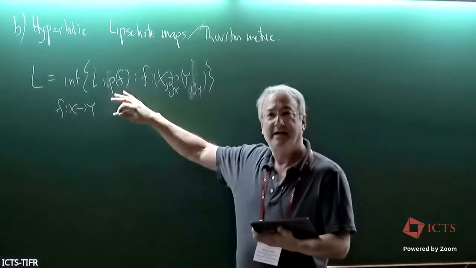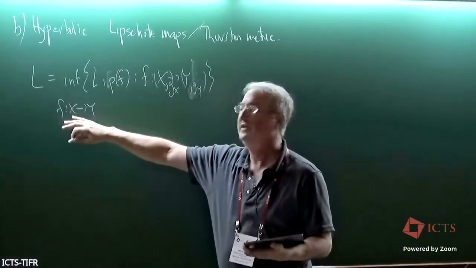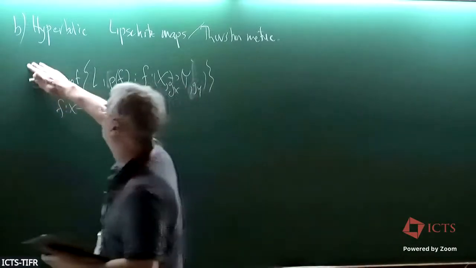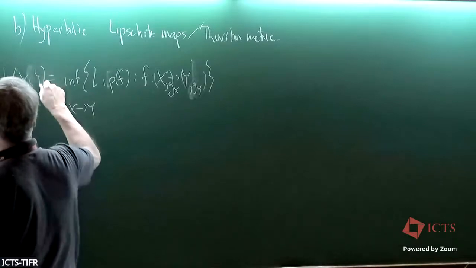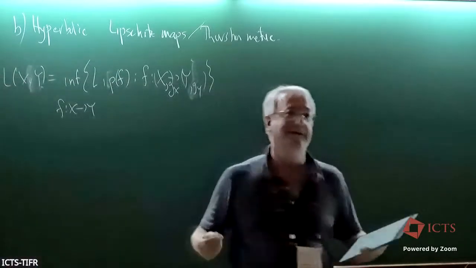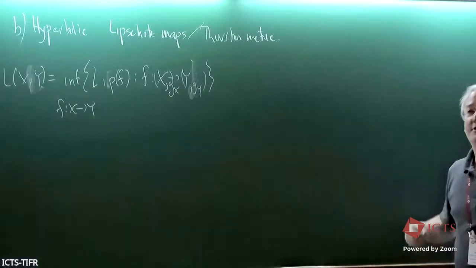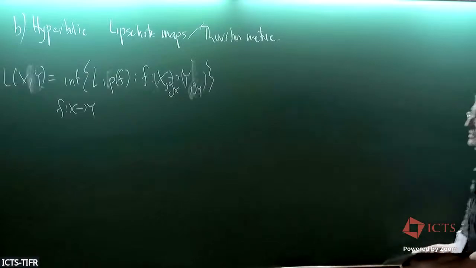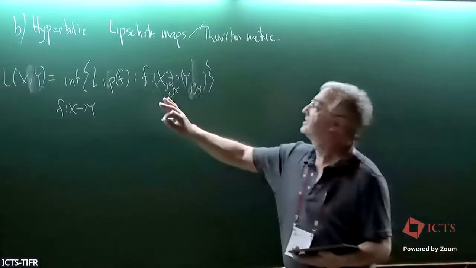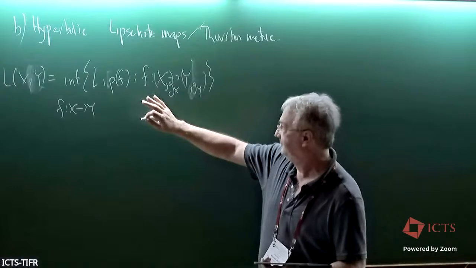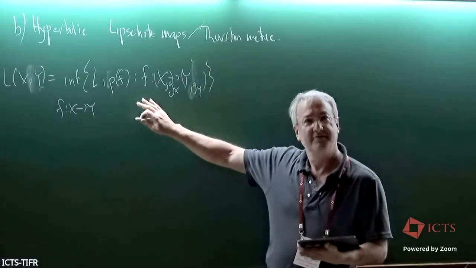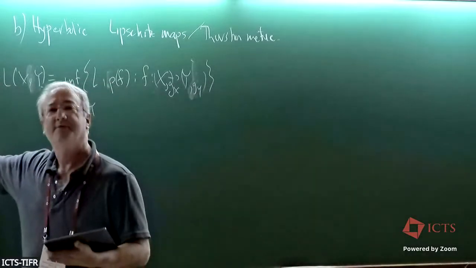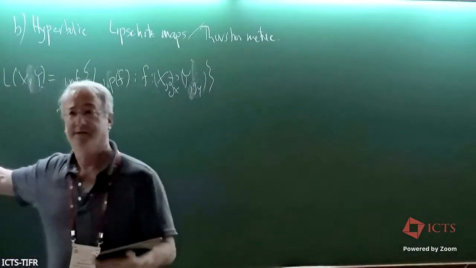I compute that as a function of the map, and then I take the infimum over all such maps, and I'm left with some number, L, which just depends on x and y, and I try to understand this in terms of which maps achieve this infimum, if possible, and then how should I understand those maps in terms of the Teichmuller space?